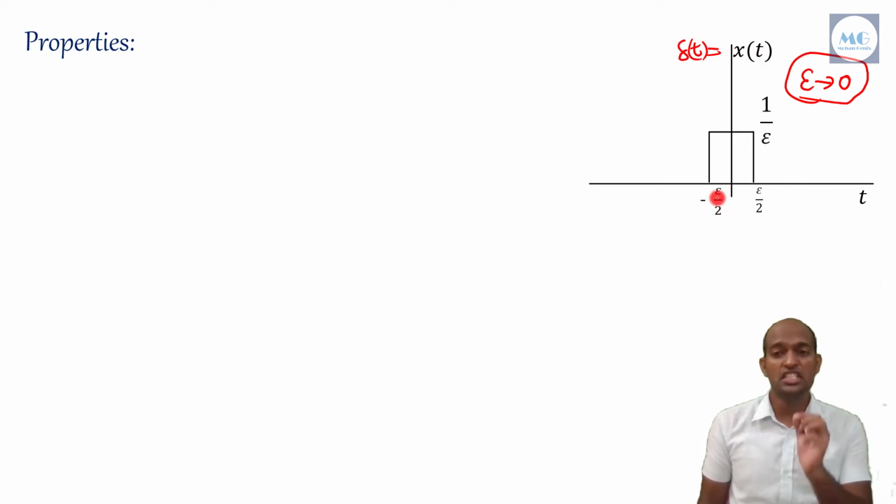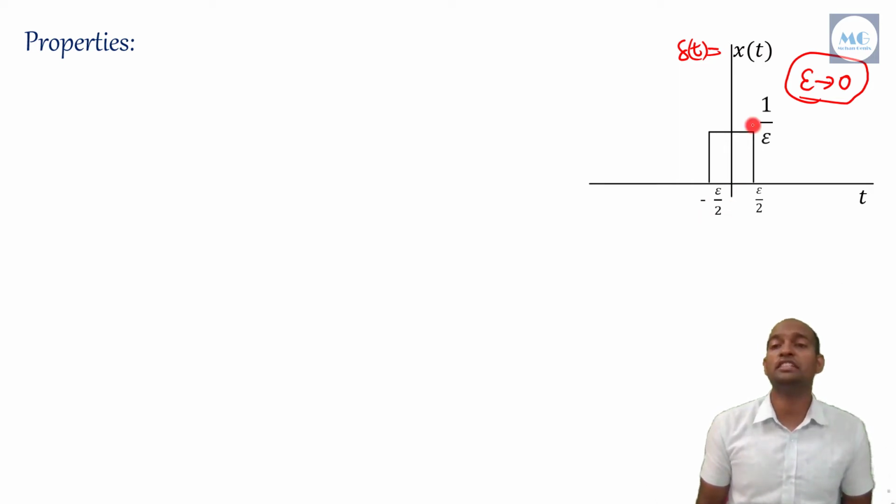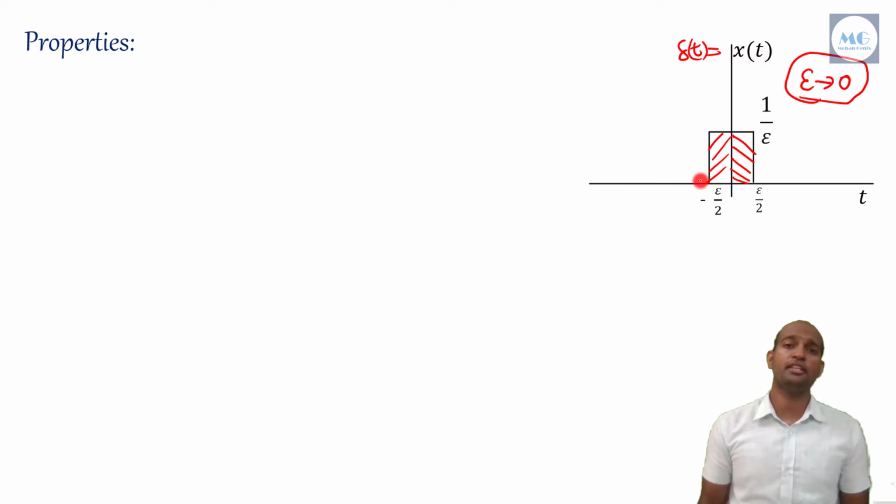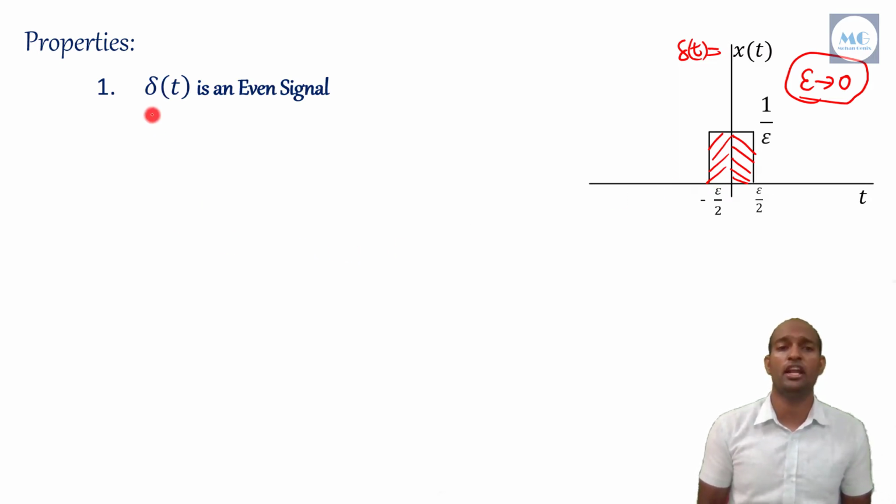Yes friends, this is an even signal as it is symmetrical about the y-axis. You can see here the positive t-axis and negative t-axis are the same. That's why it is an even signal. That means any impulse signal or any unit impulse signal is an even signal.